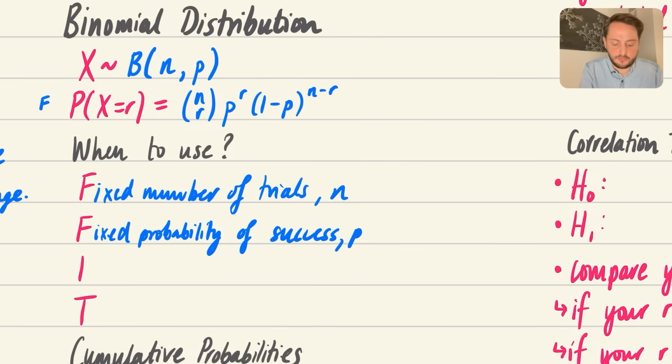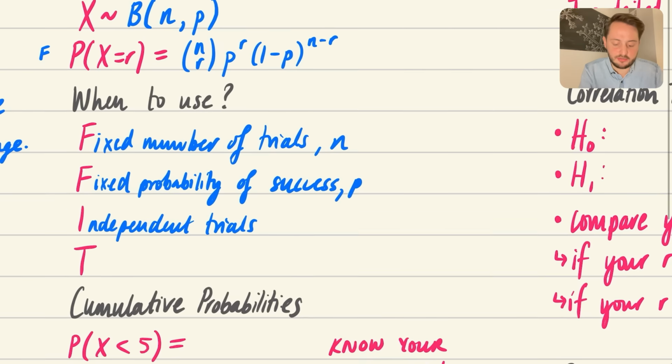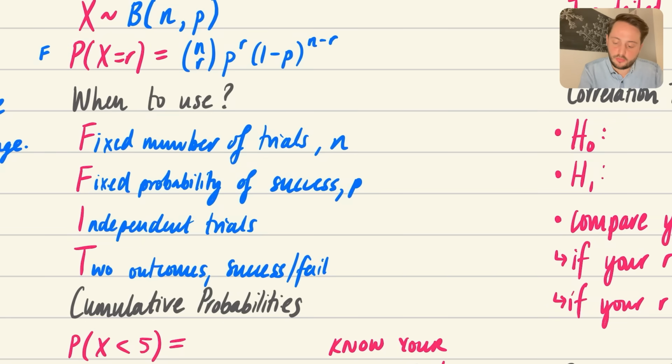The I stands for that the trials must be independent. And the last thing, the T stands for 2 outcomes in this particular experiment or whatever might be going on, and those 2 outcomes are just going to be success or failure.